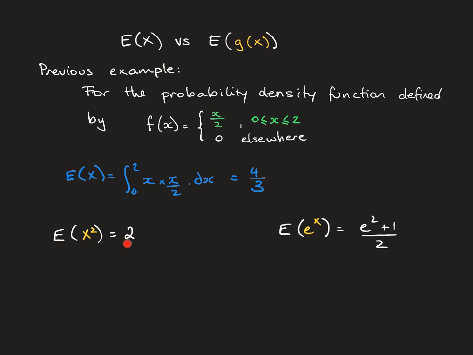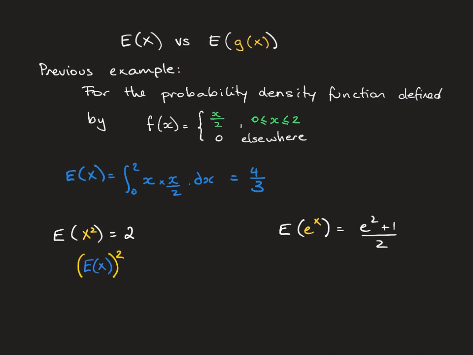Now previously we found that the expected value of x squared was equal to 2. So how does that 2 relate? Does it relate to this 4 on 3? What about if instead of finding the expected value of x squared, we took our expected value, so e of x, and then applied our function to it, which is a squaring function?